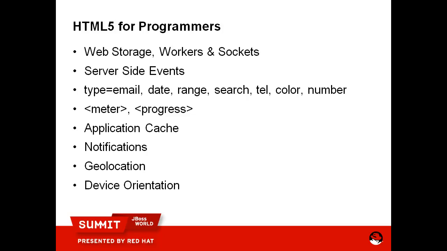Web workers is multi-threaded behavior. If you're a Java person, you're familiar with how to start a thread and what you can do with a background thread. A web worker gives you that in the JavaScript world. And web storage means you can take any data you receive from the server, or data that you've created or calculated, and write it locally to the local device, the smartphone, the tablet, the desktop. That starts getting into offline support.